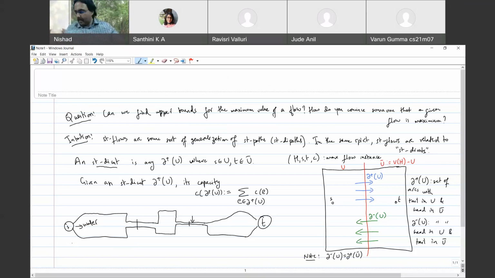All right, so it turns out that for any ST flow x and any ST cut, delta plus of U, the flow value, which we wrote as f_x(s), is at most the capacity of this cut.